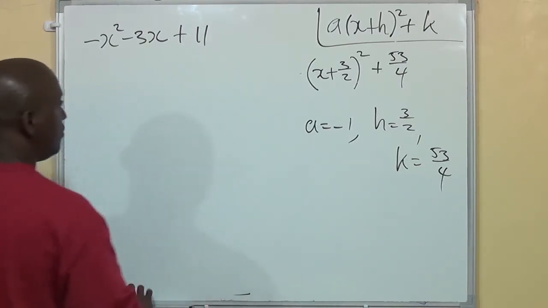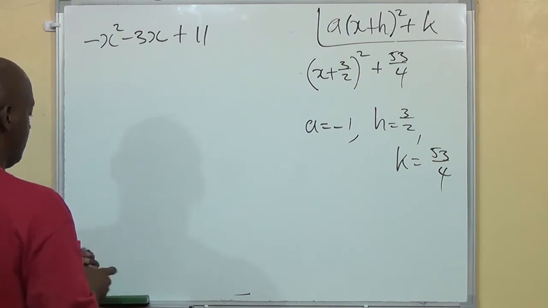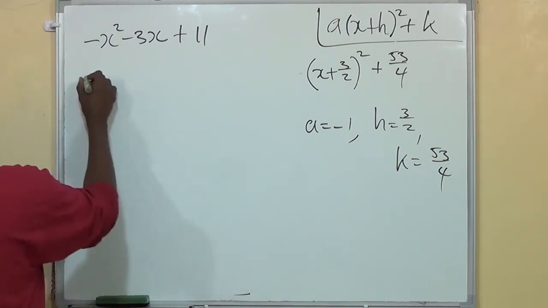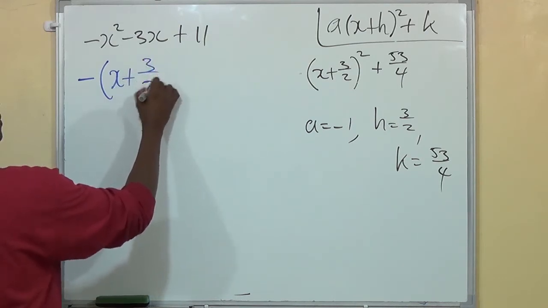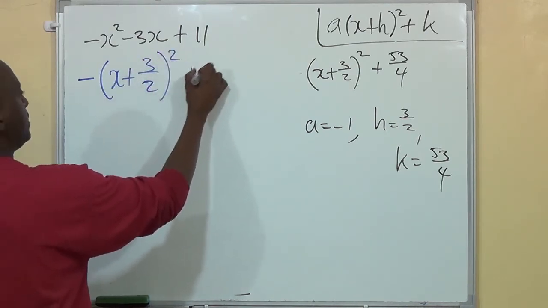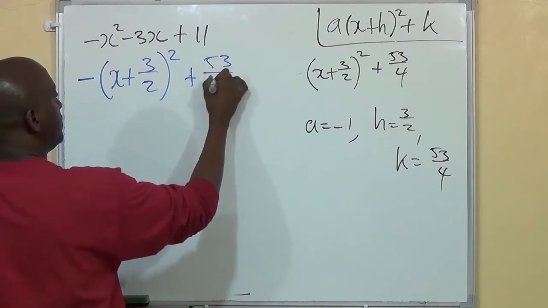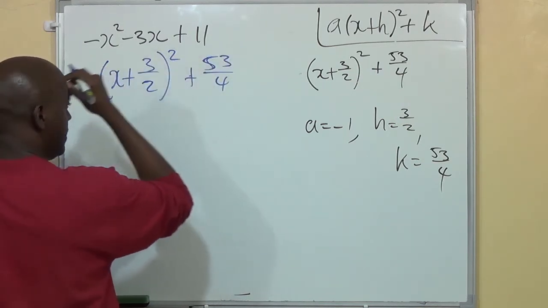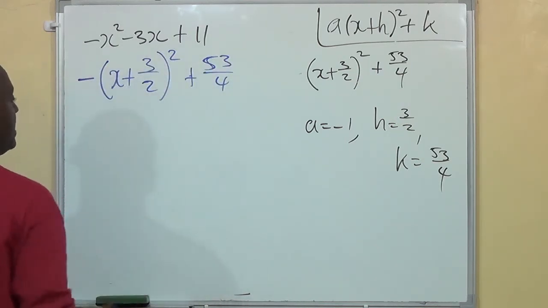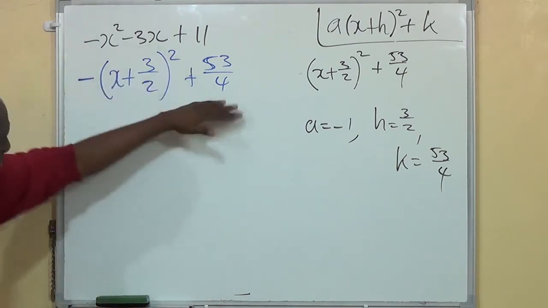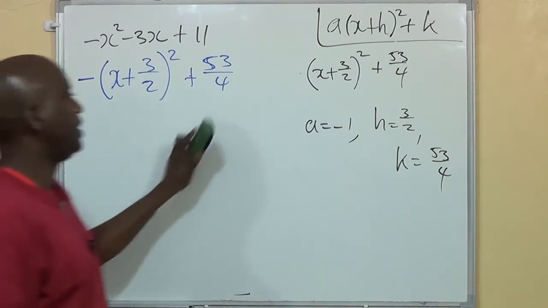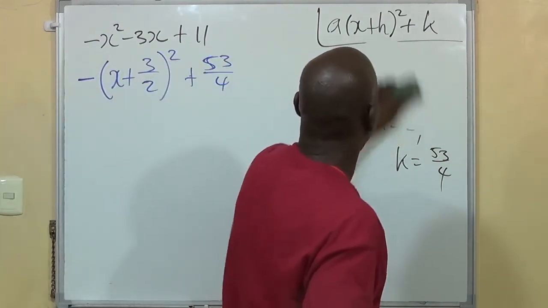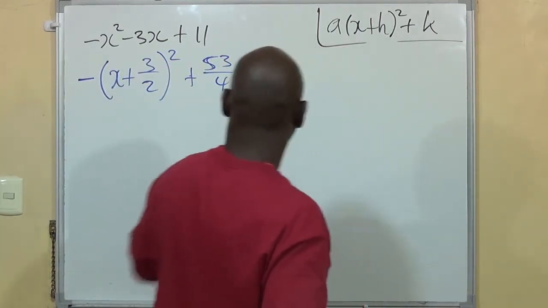We're starting off with, remember this was minus, minus into x plus 3 over 2 squared plus 53 over 4. We're saying, if I start off with this and work it out, will I get that? Well, let me check it out and see.